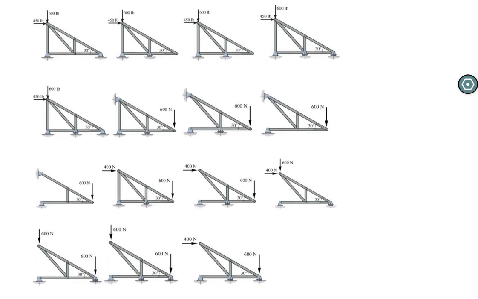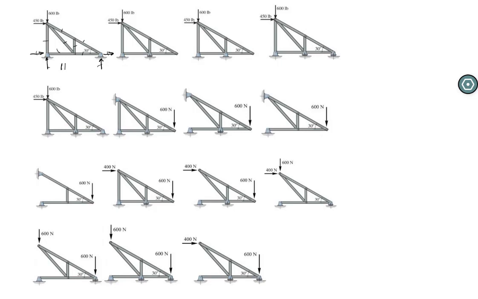If you counted the members and the joints here, let's go ahead and draw one of them together. I'll draw it on the first one here. There is a pin here, which means there are two reaction forces, and I have a pin over here and 2 reaction forces. If I were to count the members plus the reaction forces, I would say that there's 1, 2, 3, 4, 5, 6, 7, 8, 9, 10, 11 members plus reaction forces.